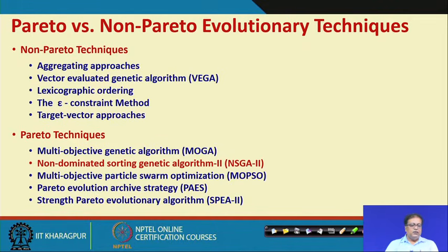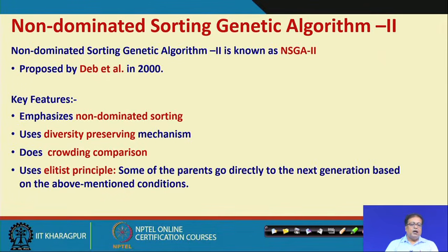Now, specifically we are going to discuss the non-dominated sorting genetic algorithm 2, or NSGA-II. In the subsequent lecture we shall give an example, but here also I shall take a simple example. In fact, the example that we have already taken, the broad idea of NSGA-II can be explained through that simple example.